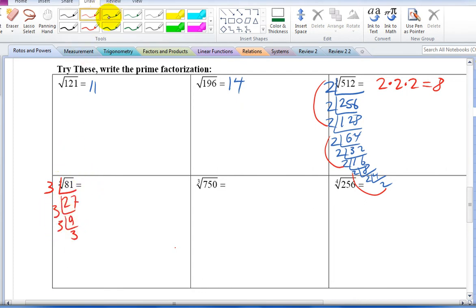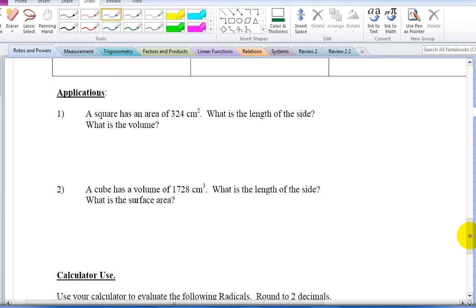So this equals simply 3, because we're looking for 4 of them. Okay. Good, don't do the other ones. How you guys doing now? Bit better? Okay. So, applications.